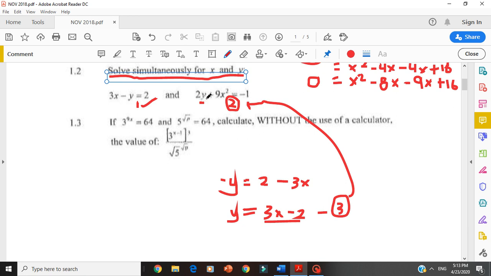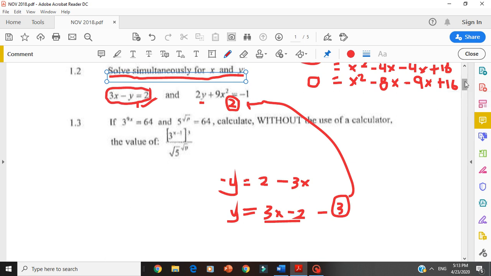Remember the brackets so you don't mess up the sign and the multiplication. And then you can solve this quadratically, or you can use the quadratic formula to get your x values. You'll get your x values and sub them back in the easier equation to get your corresponding y values.